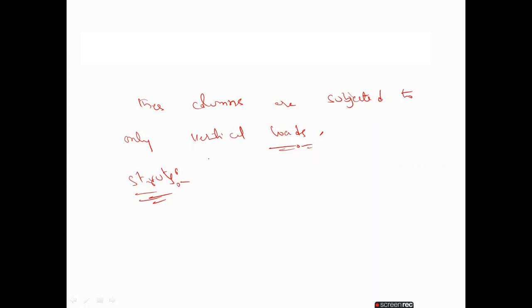For example, connecting rods and piston rods are all examples of struts. The column is a vertical member, but the strut is not a vertical member. Maybe sometimes it is vertical, but the ends are hinged or pinned supports.